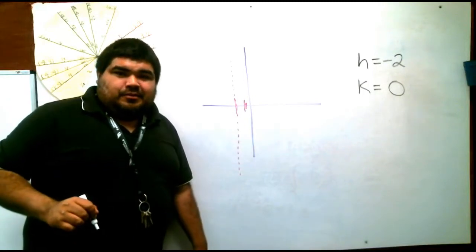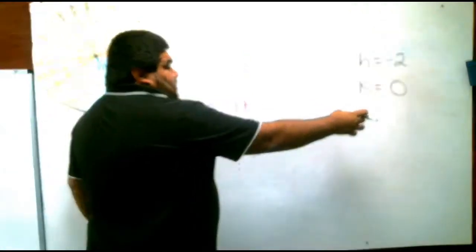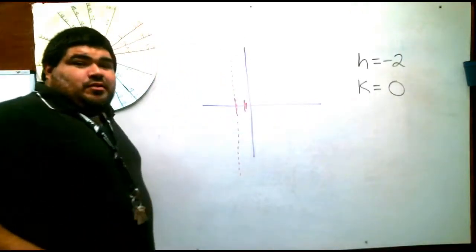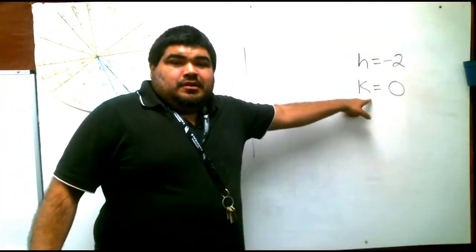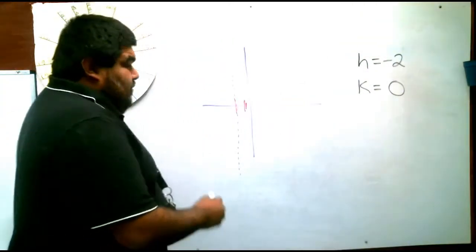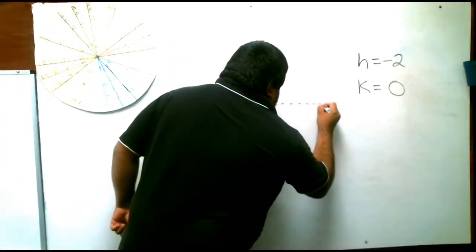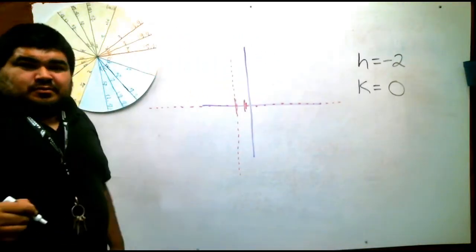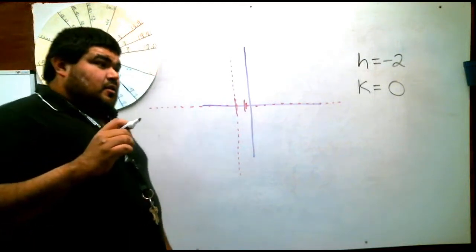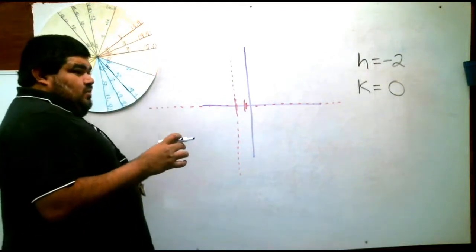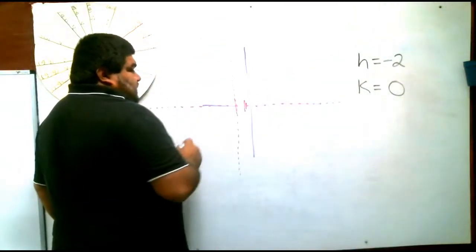It might not be a little straight, but it's okay, it's not art class. Now, our asymptote for our horizontal line. Remember, it was at 0. So we make our asymptote at 0. That means that our lines cannot pass these lines.